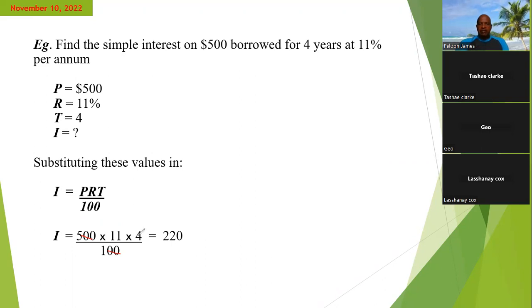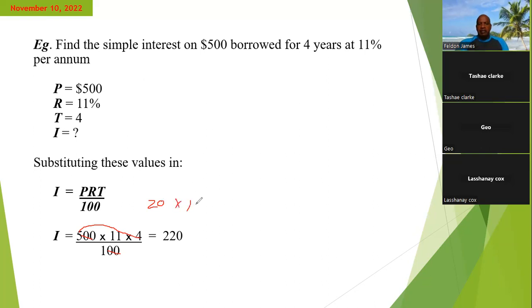Now, if you don't have a calculator, you could apply what you know from the commutative law. So the easiest way, you could multiply 5 times 4 to give you 20. And so you would know that you now multiply 20 by 11.